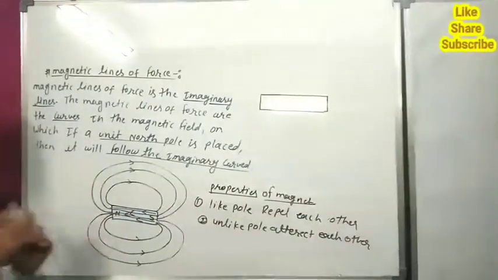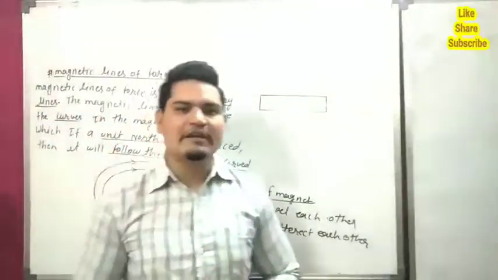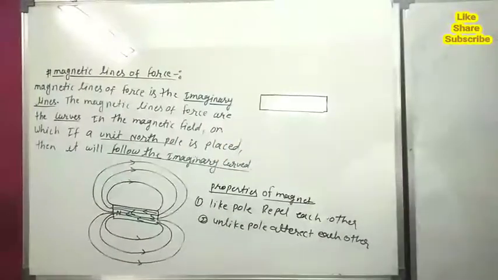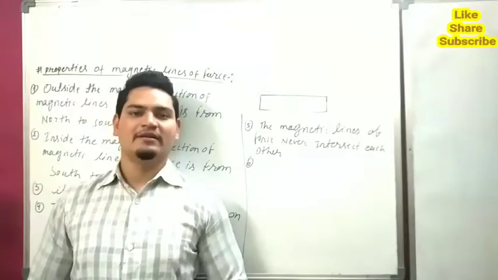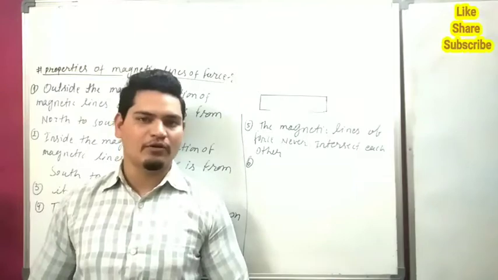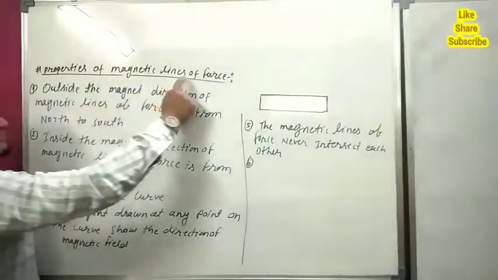So these are the magnetic lines of force. Now we will start properties of magnetic lines of force, so you can write this theory.